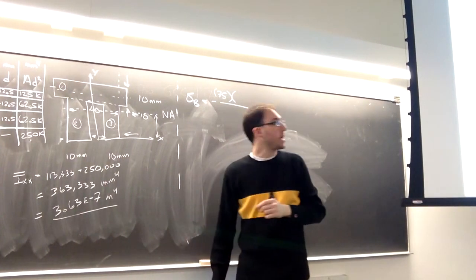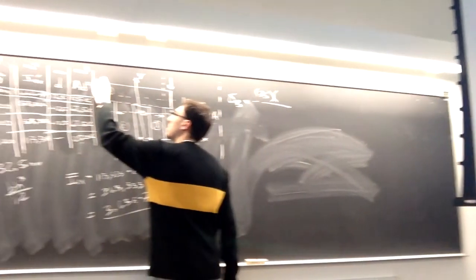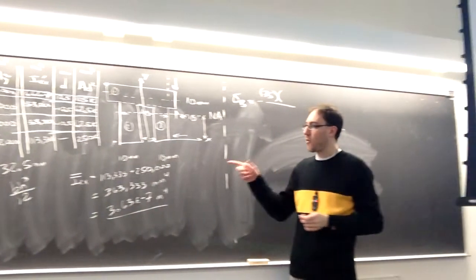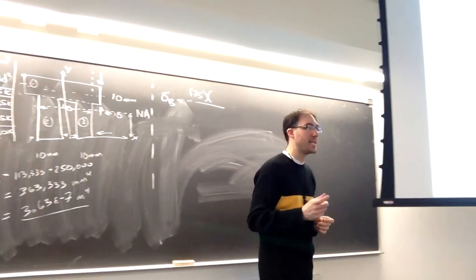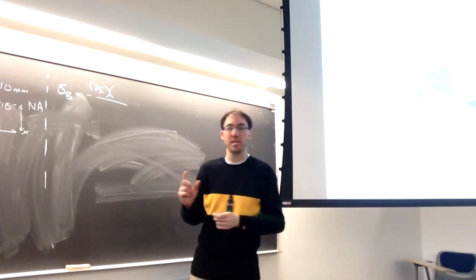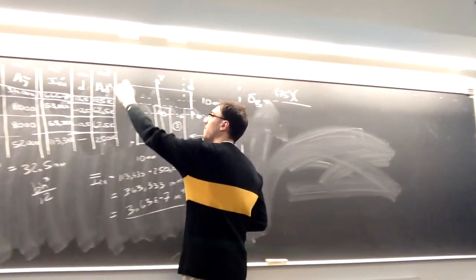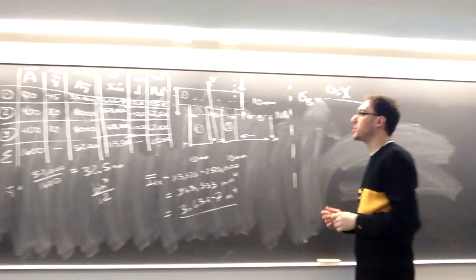For point B, which is located at the top left point here, remember in the My over I formula, y is the signed distance between the location of the point we want to know the stress at and the neutral axis. So the y value here will be this distance, and we're above the neutral axis, so it's going to be positive.